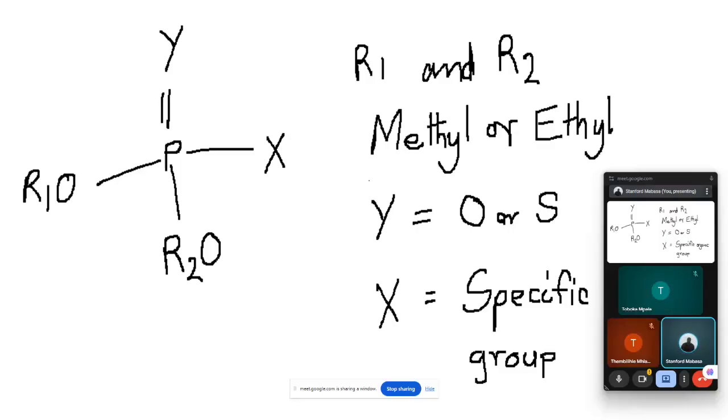Then X is a specific group on this molecule. So this is the basic structure of organophosphate, and it represents quite a number of compounds which are used as pesticides.